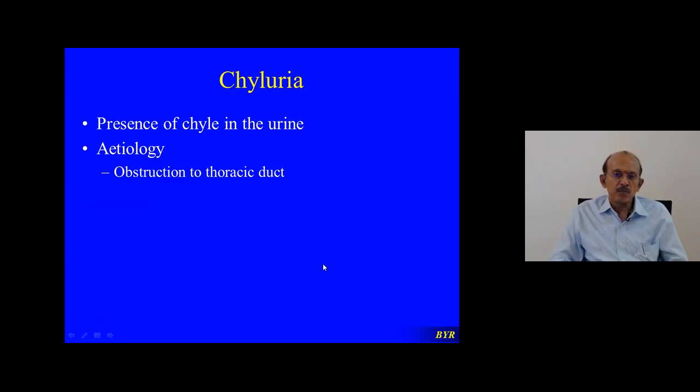They drain the lymph, but the intestines absorb some types of fatty acids into lymph. So when the fat is there, the lymph appears milky. That is why that type of lymph is called chyle, because those fat molecules are called chylomicrons. So the lymph containing chylomicrons is called the chyle.